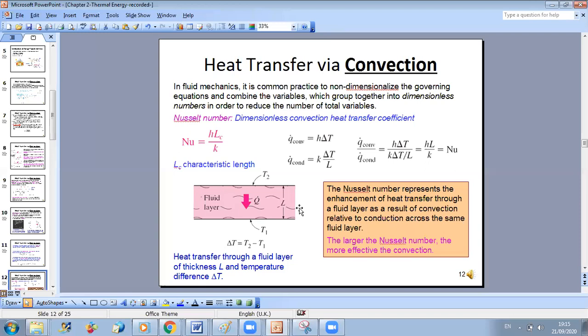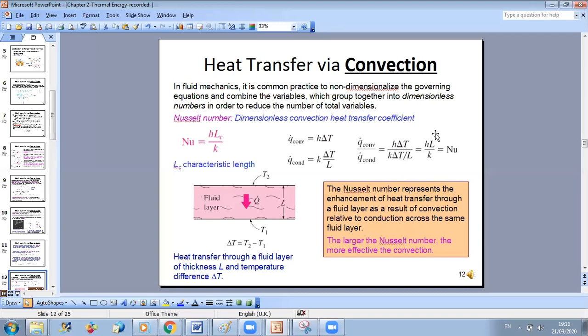Let us calculate it together. Nusselt is defined as the ratio of the convective over the conductive rate. To start with, the convection rate per unit area is defined as H times delta T, while the conductive rate is calculated as K delta T over L. As you can see here, I can simplify delta T from the two sides, and I come up with this term.